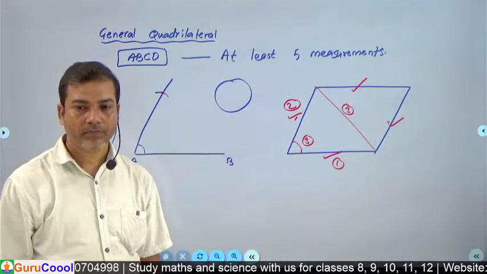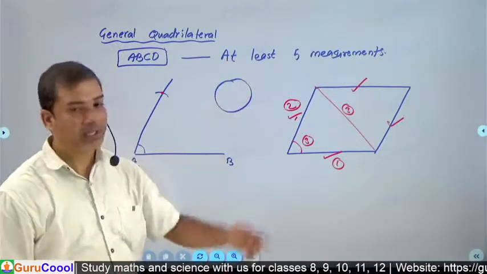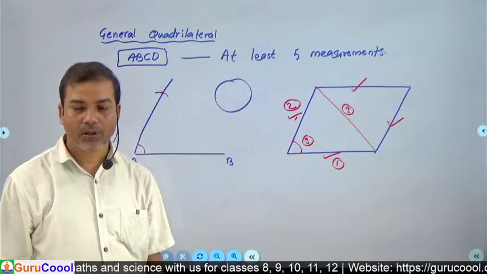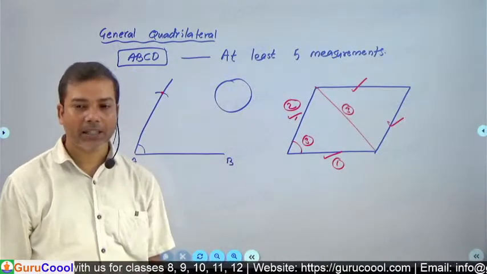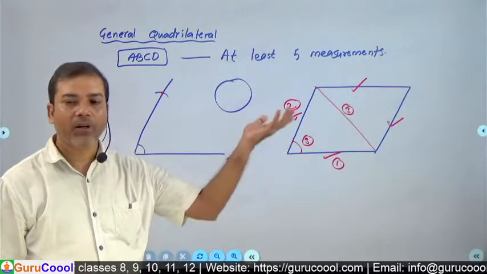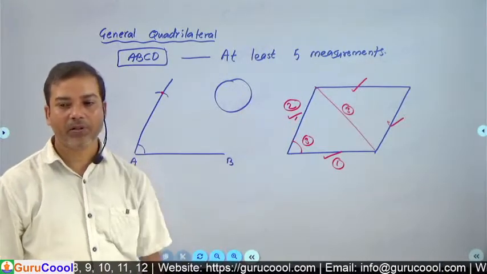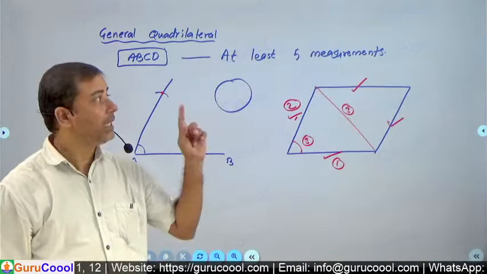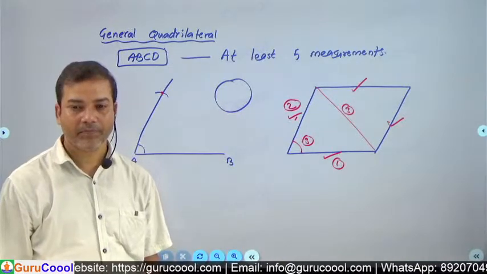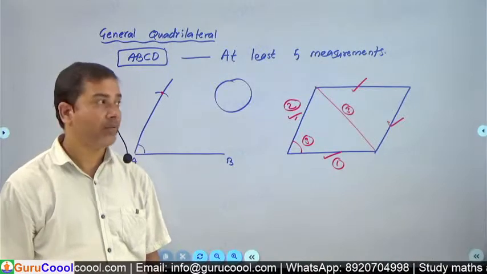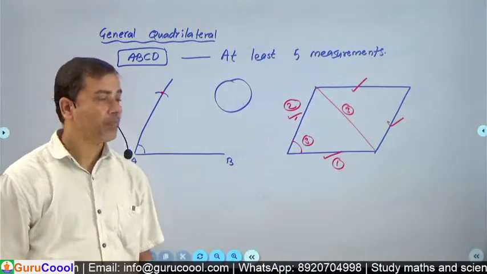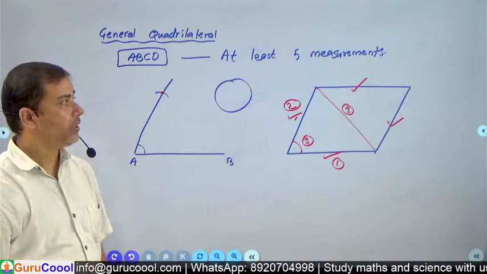Sir, 5 measurements. Of course, I have answered already this one. If you want to construct any quadrilateral, you will need 5 measurements at least. More than 5 is okay, but less than 5 is not okay. At least 5 information, not exact.